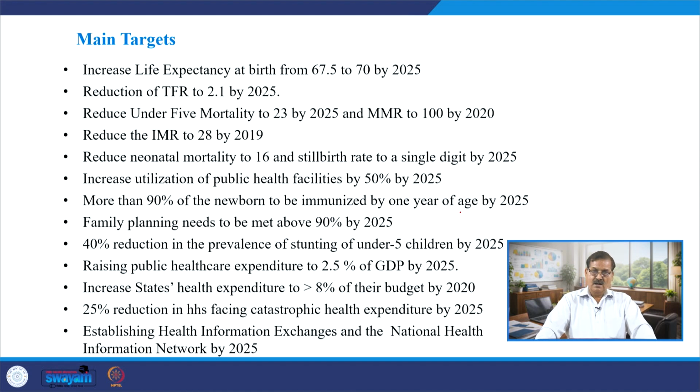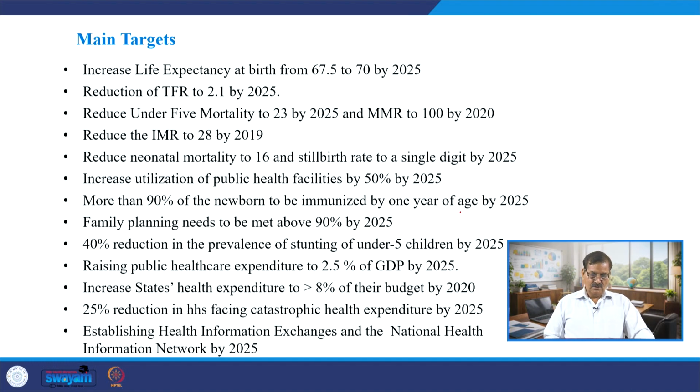25% reduction in households facing catastrophic healthcare expenditure by 2025, and establishment of health information exchange and national health information network by 2025. So these are the important targets, and some of the targets have already been achieved.